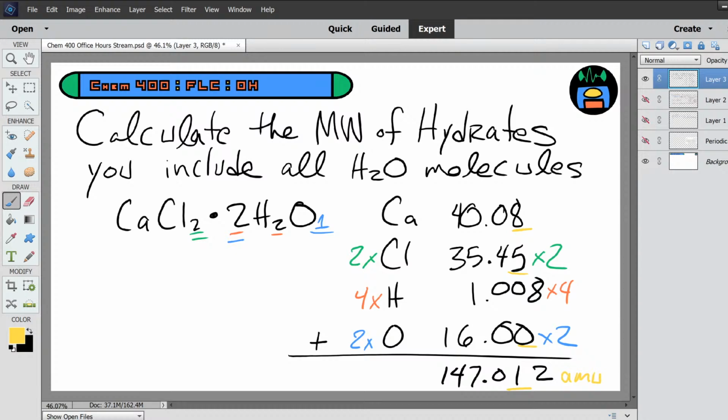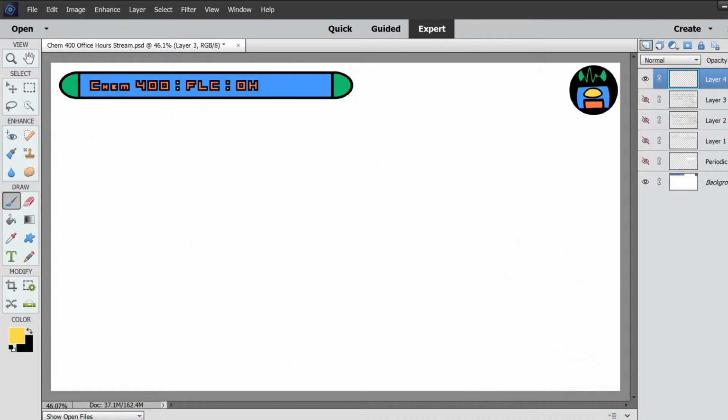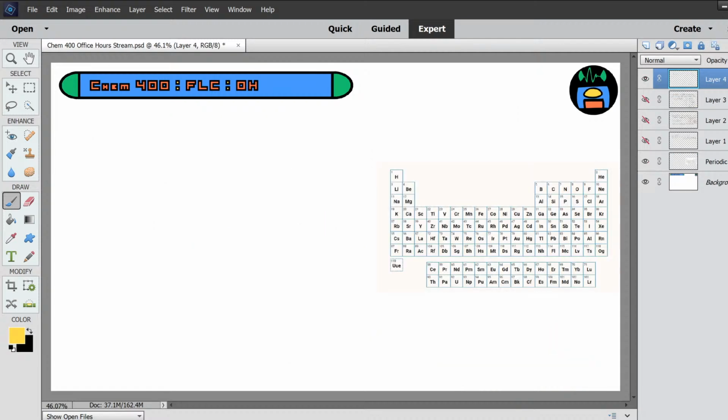Okay, so here's the deal. Let's go ahead and open up our periodic table. We've got to name the compound Be(NO3)2 dot 4 H2O.